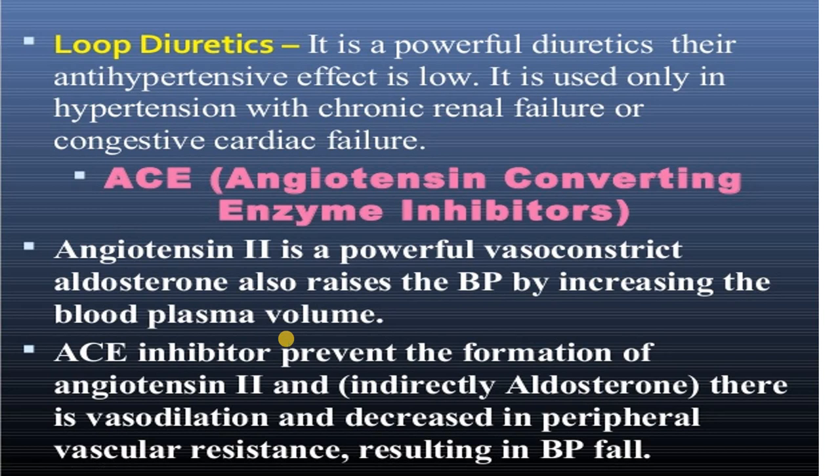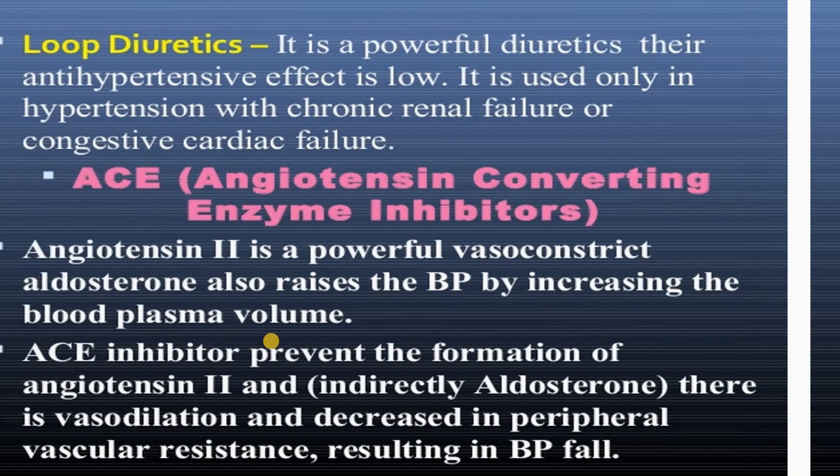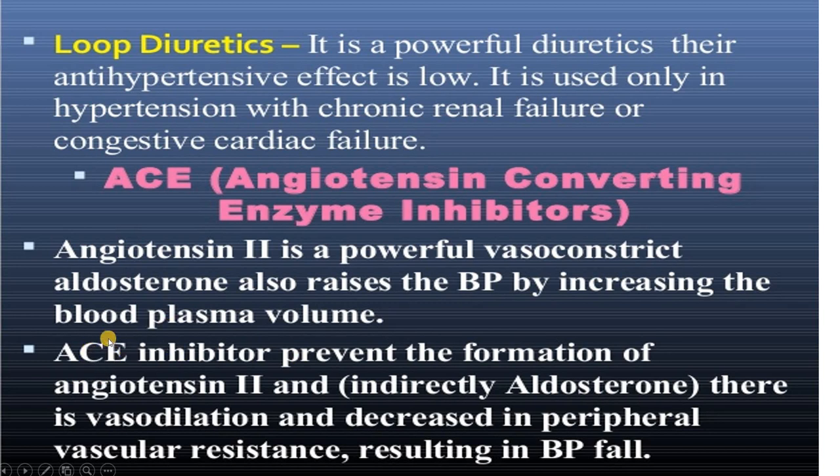Angiotensin converting enzyme inhibitors prevent the formation of angiotensin II, and secondly indirectly reduce aldosterone. There is vasodilation and a decrease in peripheral vascular resistance, resulting in further decrease in BP.